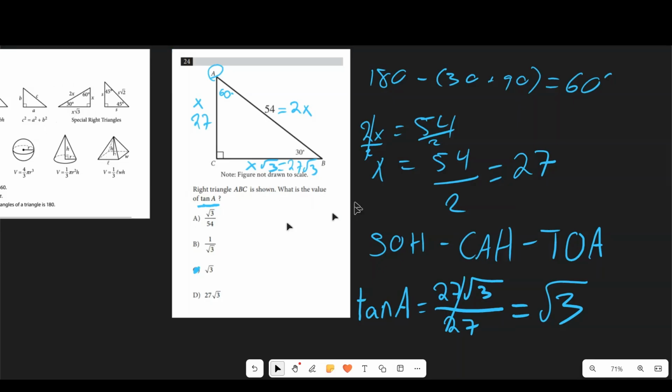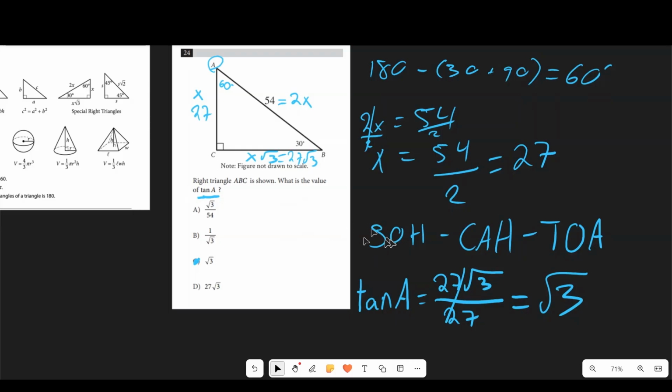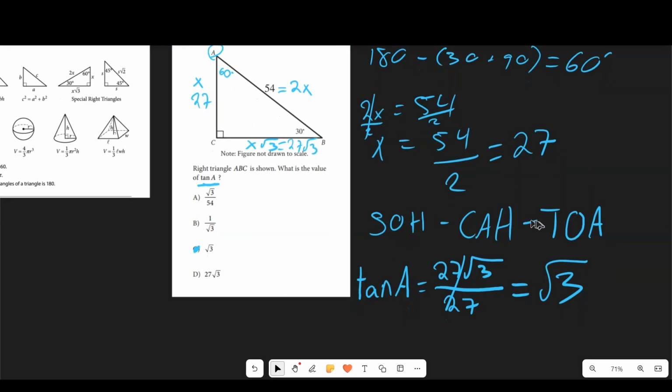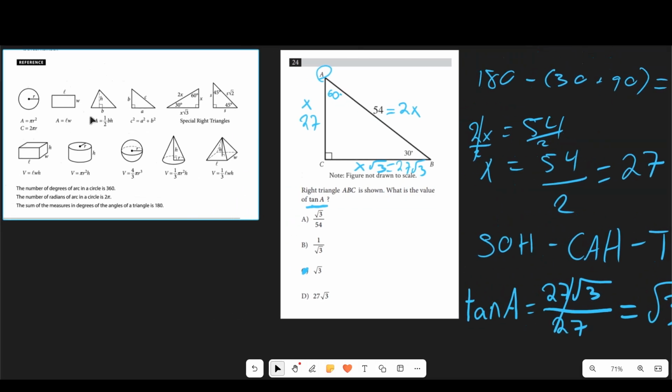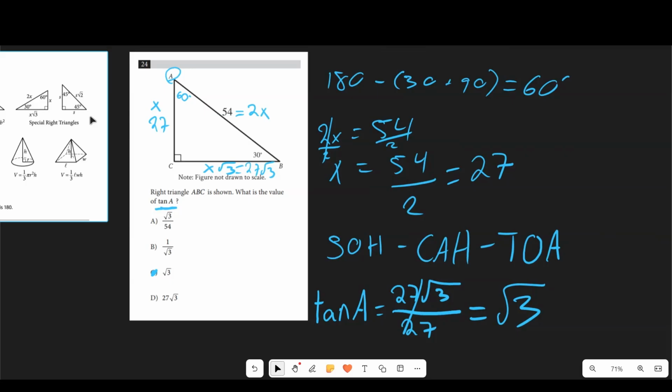Once we figured that out, we had to remember SOHCAHTOA, basically how we relate the proportions of the sides to angles in a right triangle. We mainly had to remember this part, TOA, and use that to figure out what tan A is. So pretty straightforward. All you have to do is use your reference sheet right here and remember SOHCAHTOA.